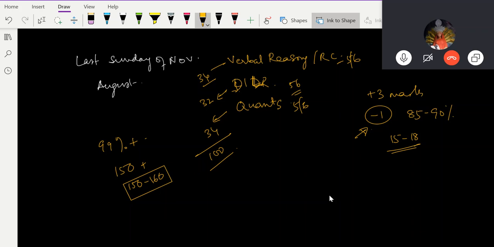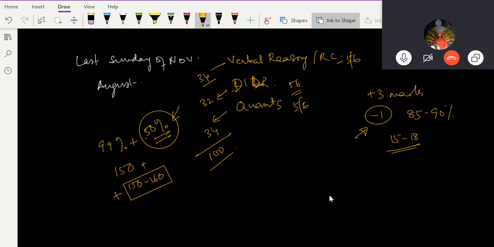Which means we are talking about exactly 50% of the total marks. If you score somewhere around this range, 150 plus, you have a very good chance of getting calls from all the IIMs.